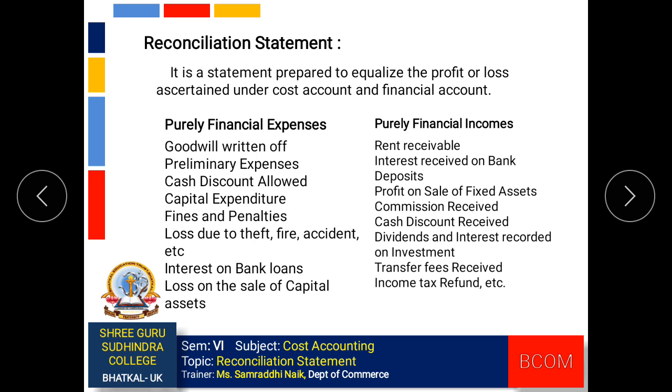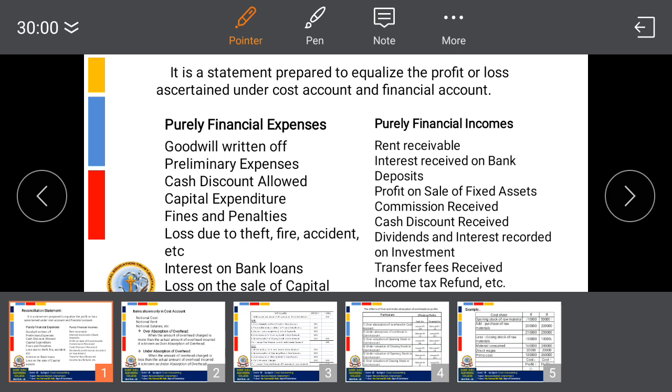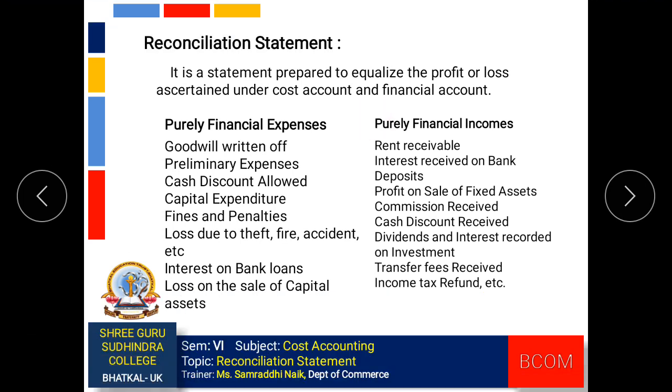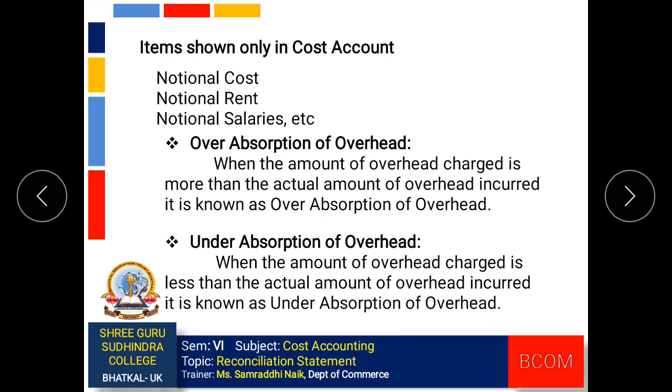Profit or loss ascertained by these two sets must be equal, but in actual practice they are not equal because some financial items such as purely financial expenses, goodwill written off, preliminary expenses, etc., or purely financial incomes, rent receivable, interest received, etc., are not recorded in cost account, and some items are shown only in cost account but not in financial account. As such, profit or loss disclosed by these two sets of accounts are different and are to be equalized. To equalize the profit or loss, a reconciliation statement is to be prepared.